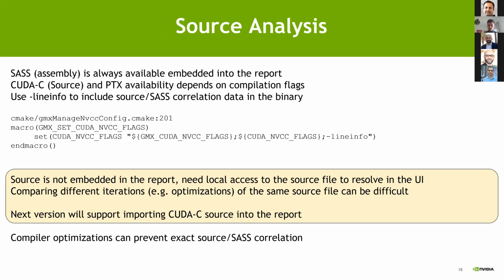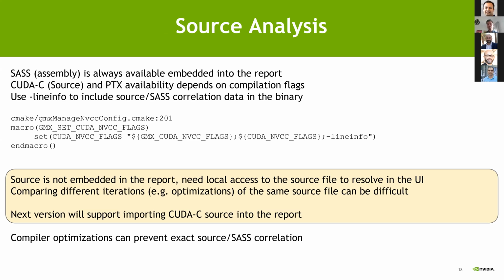So to have this correlation between your SASS and your high-level CUDA-C, you need to use the -lineinfo option or the debug option during compilation. And in that case, then you have the correlation information embedded in the cubin. And to actually see what it's correlated to, you also need to have the high-level source available somewhere so that the tool can just open the file for you.